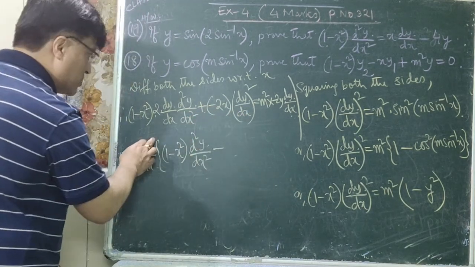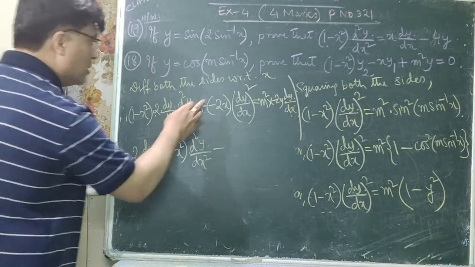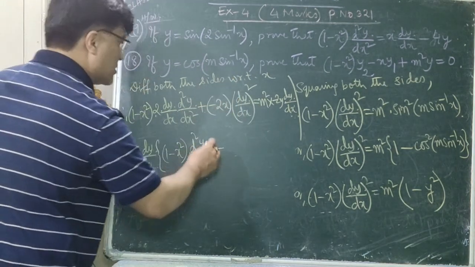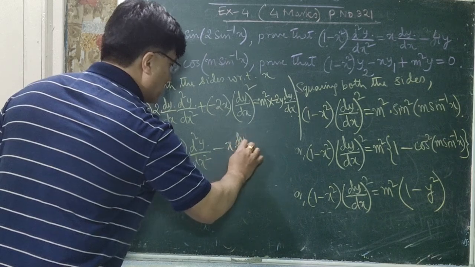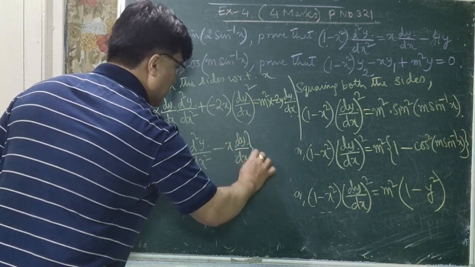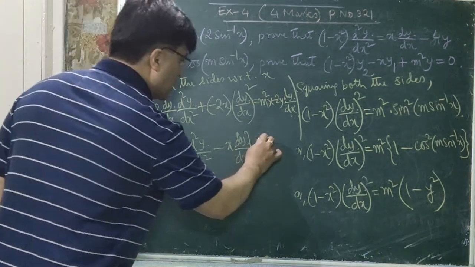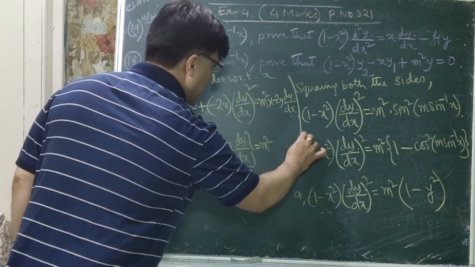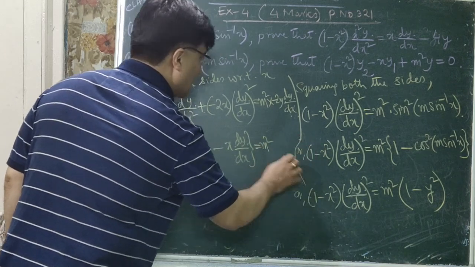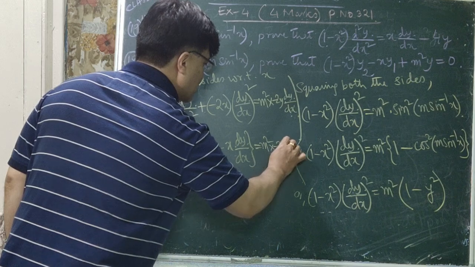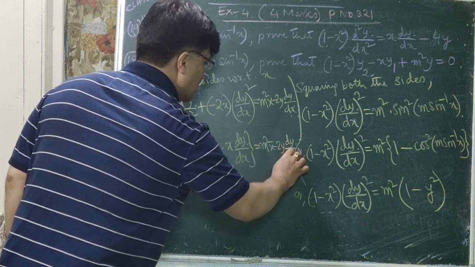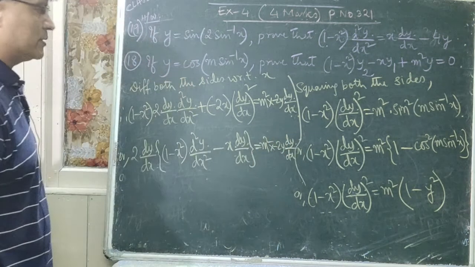One of these dy by dx is also taken common out here. So here it remains x into dy by dx. Second bracket closed, which is equal to m square into minus 2y into dy by dx.